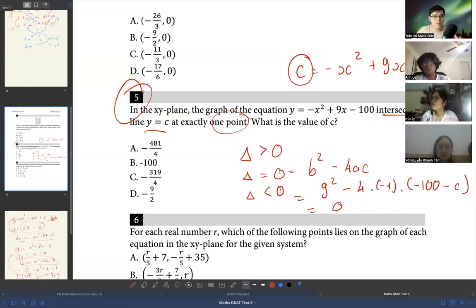This is solve for c, basically. And you just type it in the calculator, or you just do it by hand if you're good, but I'm not good, so I'm going to use the calculator. 9 squared minus 4 times minus 1 times minus 100 minus c equals 0. And I have c is minus 79.75.